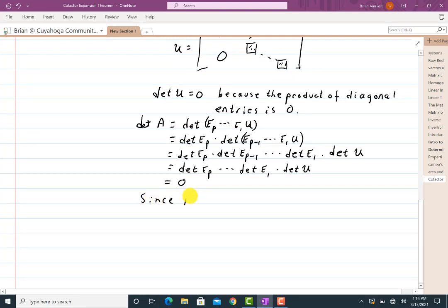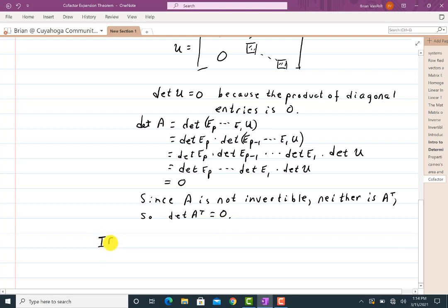Since A is not invertible, neither is A transpose. So the determinant of A transpose also equals 0. All right, so we've got the situation for A transpose.